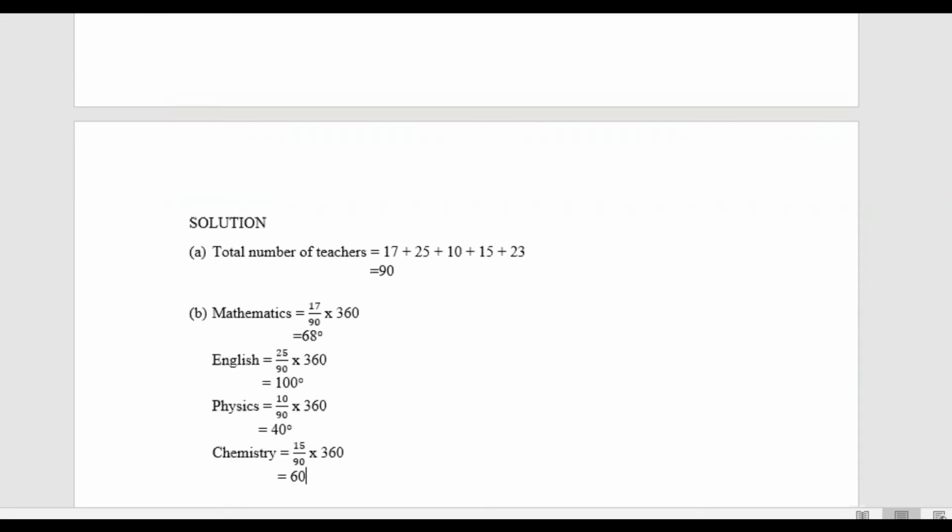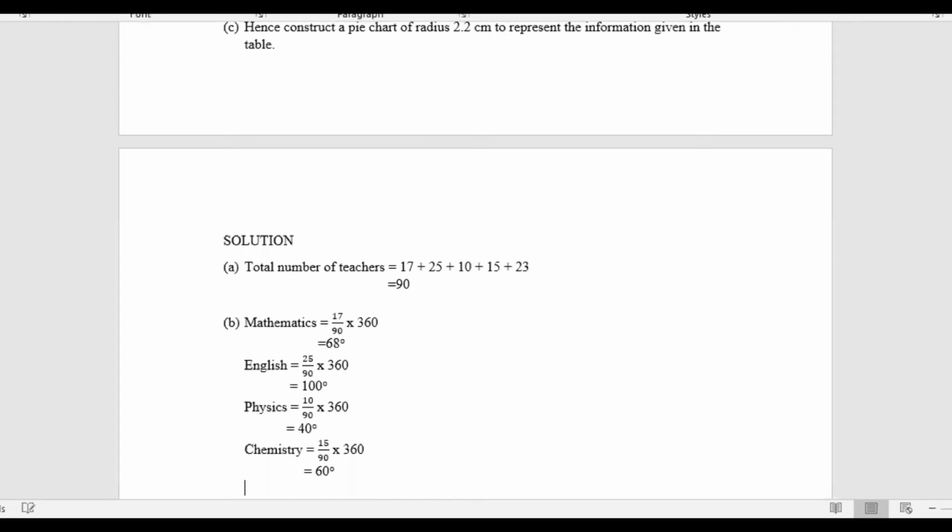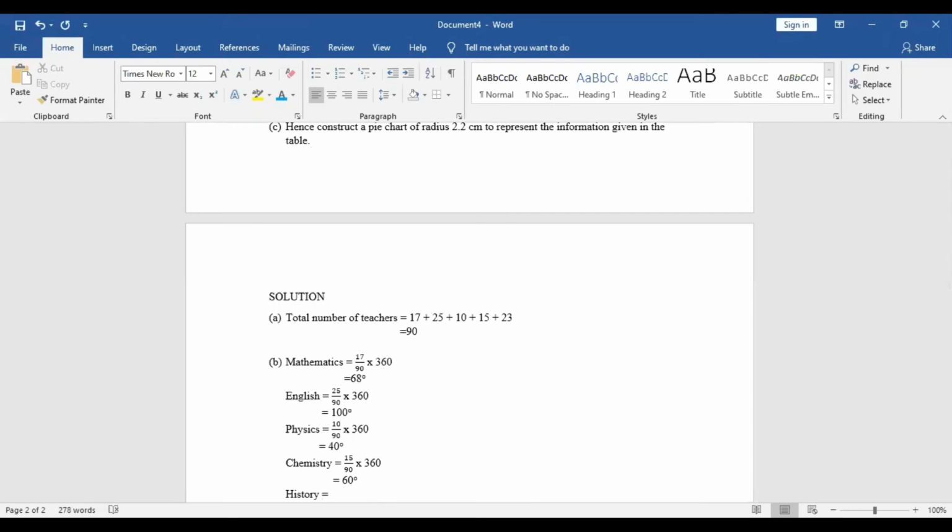Okay, let's multiply everything by 4. What everything you multiply by 4? The amount of students to get the answer, because 90 into 360 is 4, and you just multiply by 4 to get the answer. Oh, yes, you can do that.